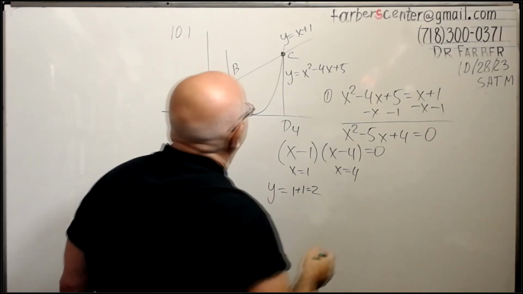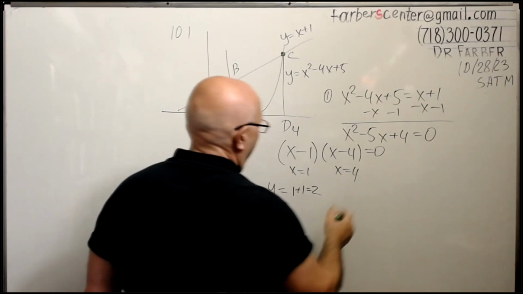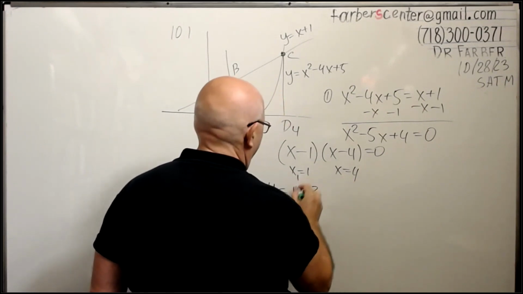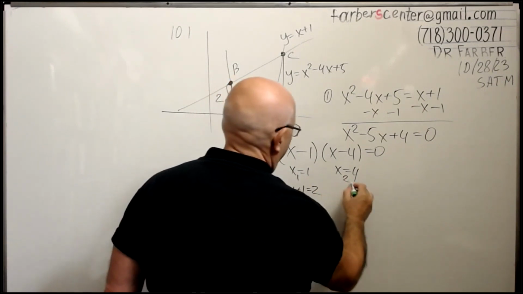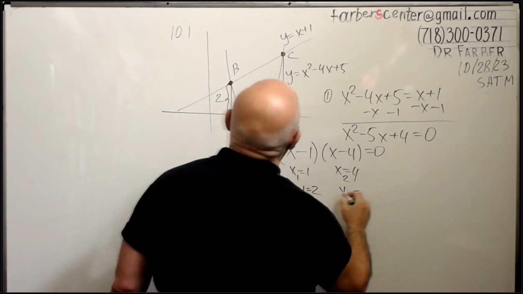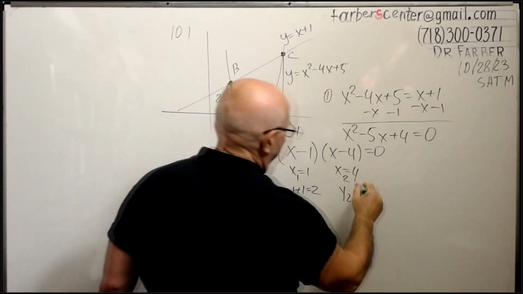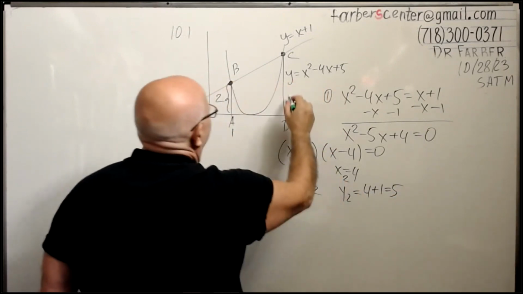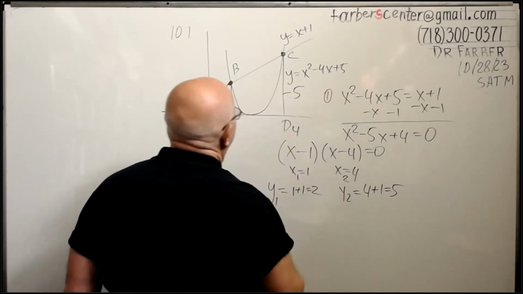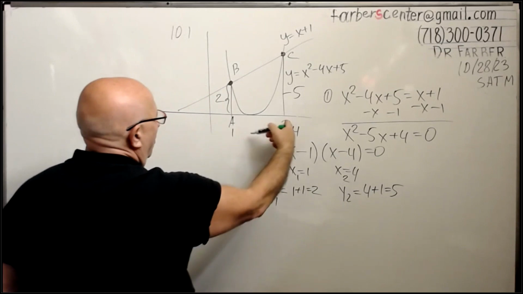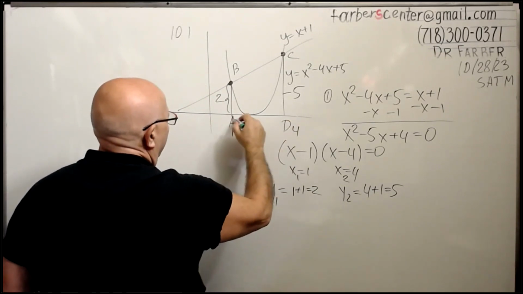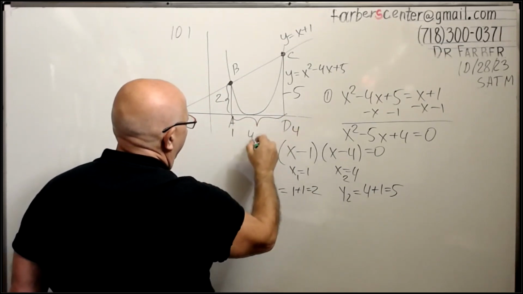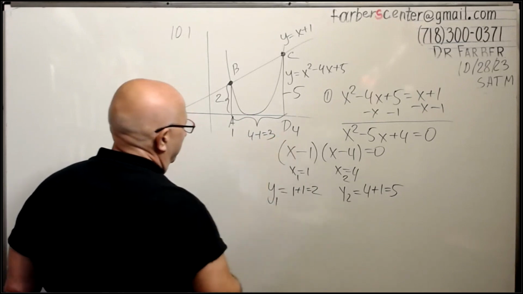You can plug into the parabola, this is a little bit faster. And when x equals 4, y equals 4 plus 1, which is 5. So this height equals 4 minus 1, which is 3.